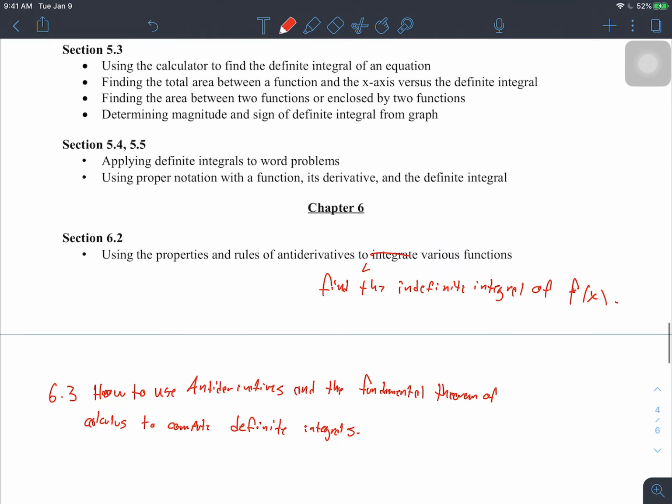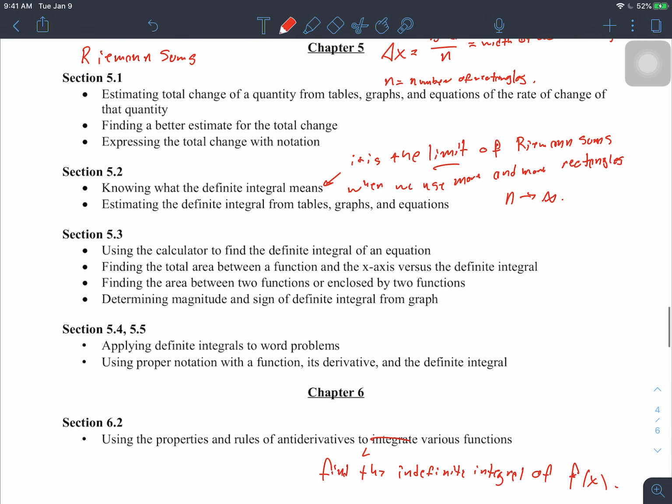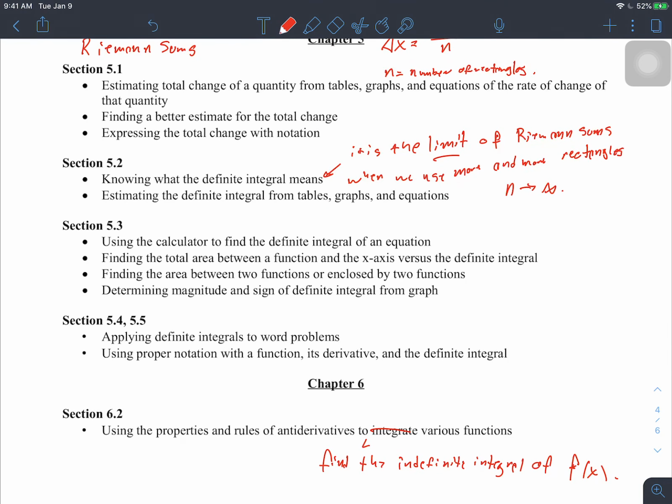Then we went back, I think, to 5.3. 5.3 was just really more fundamental theorem of calculus. That's what it was. And also finding the area between two functions.